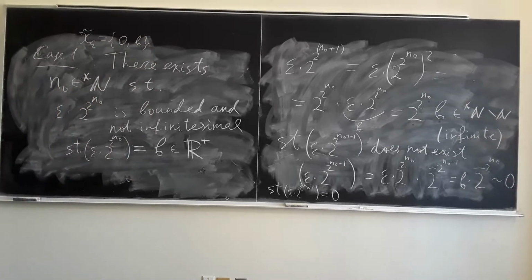So all other points which are met in the non-standard first space are either infinitely far away or they are infinitesimally close to 0, so the standard part gives 0. So we have just this point.